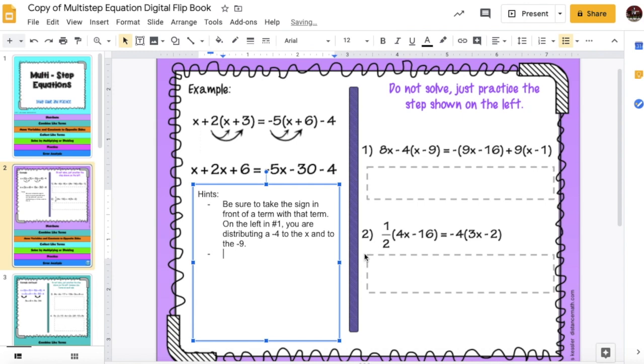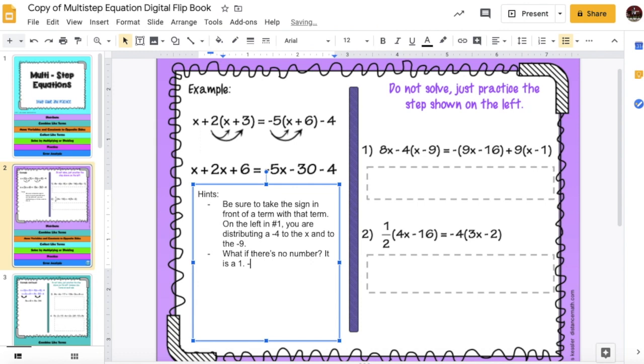Another situation you might encounter is, what if there's no number? If we look at number 1 over here on the right, there's just a negative sign. So what if there's no number? The answer there is it is a 1.